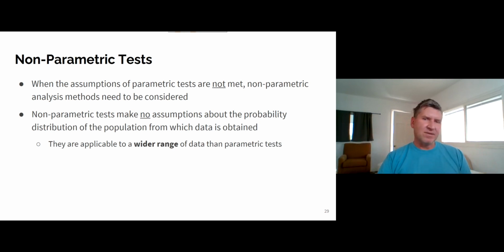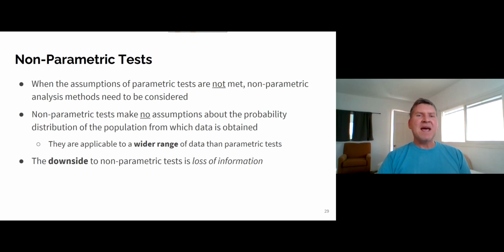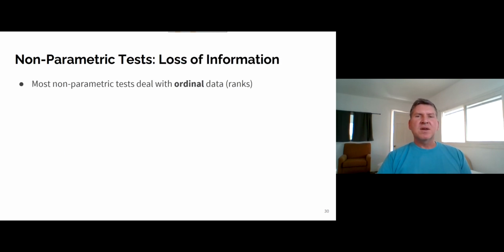However, there's a lot of different tests, and keeping track of them is what we'll talk about over the next few lectures. The downside is you lose information. When we have a normal distribution, we can make certain assumptions about how the data is distributed. With non-parametric tests, that's lost. So, for example, ordinal data.